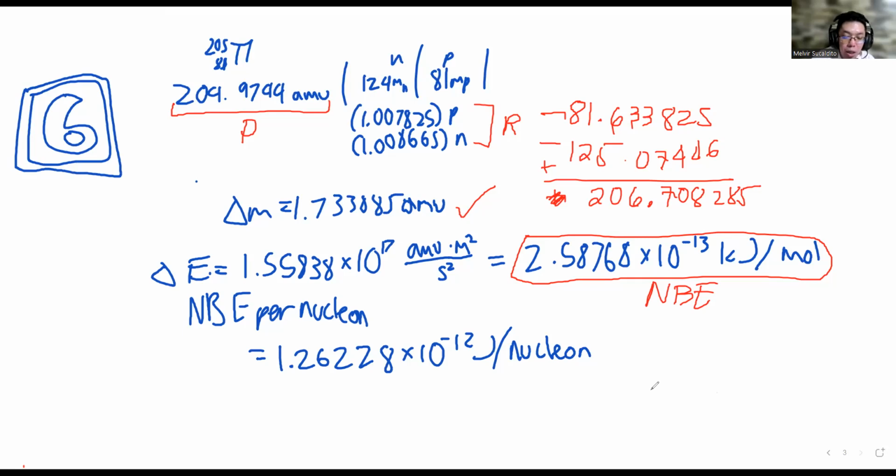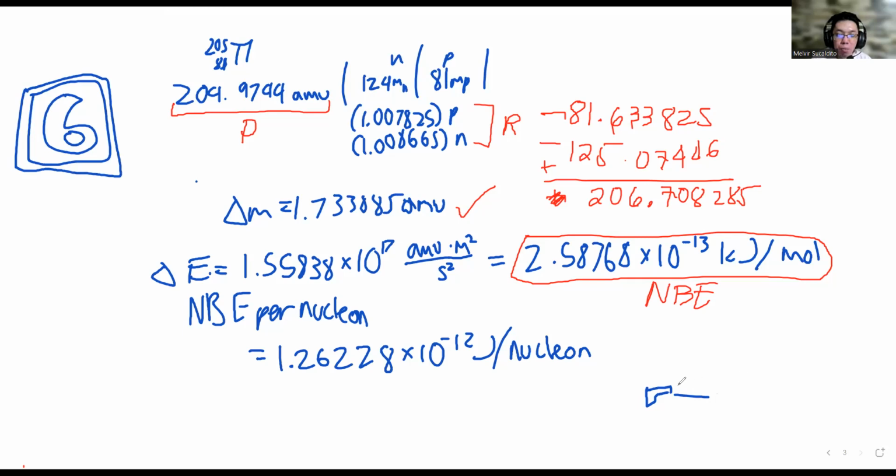Binding energy per nucleon is actually equal to 1.264 times 10 to the negative 12 joule per nucleon. Okay, tama yan. And then, ang NBE mo, correcto, NBE mo is 2.58 or 2.59 times 10 to the negative 13 kJ per mole.